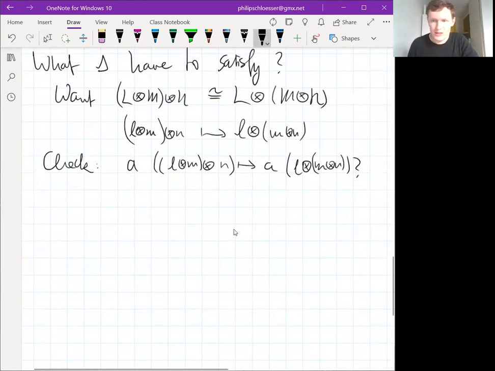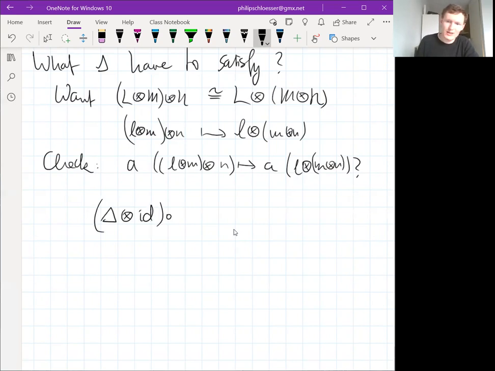And yeah, it's a bit of calculation, but ultimately it shows that applying delta tensor with the identity after delta should be the same as applying identity tensor with delta after delta.